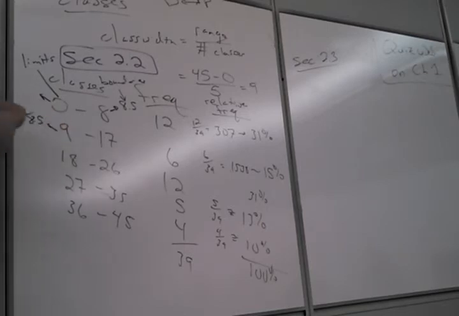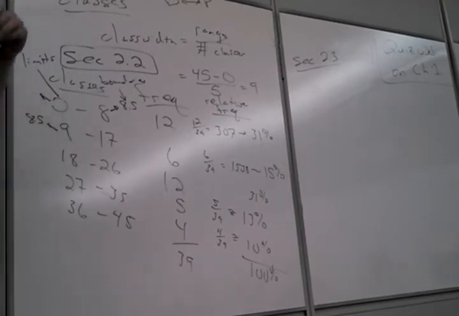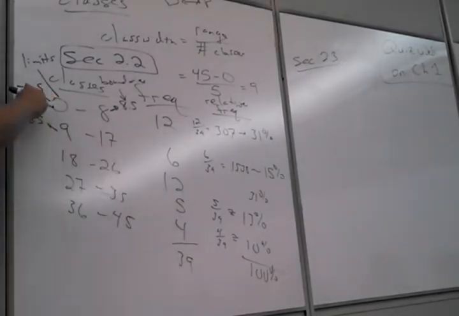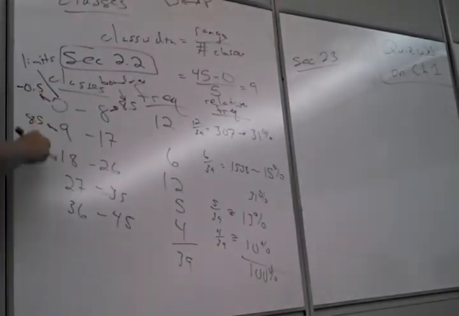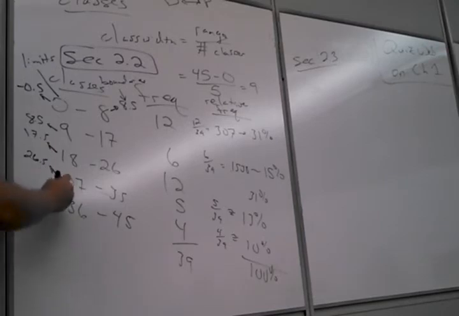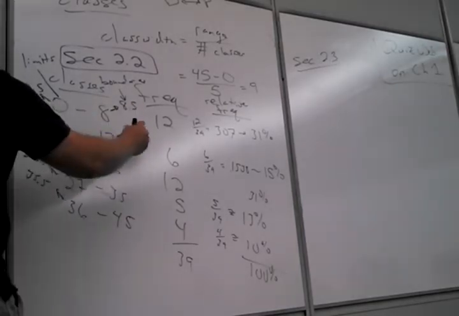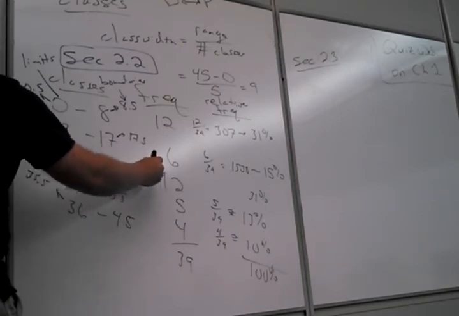Like 9 had to go down to 8.5. 0's got to go down to negative 0.5. And now what's really cool is you know the width is 9. So you just keep adding 9. So this is going to be 17.5, 26.5, 35.5. And then these just kind of go right along with it. Just add 5 over here.